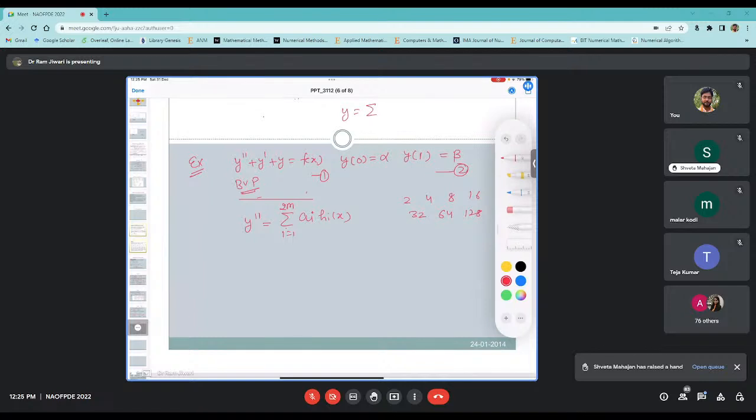Suppose you have assumed y like this and you want to differentiate to get y dash. This function is not differentiable, so you cannot find this differentiation. So we go in reverse in this method. In the Haar wavelet method, assume the highest order derivative in the form of Haar wavelets and integrate this.